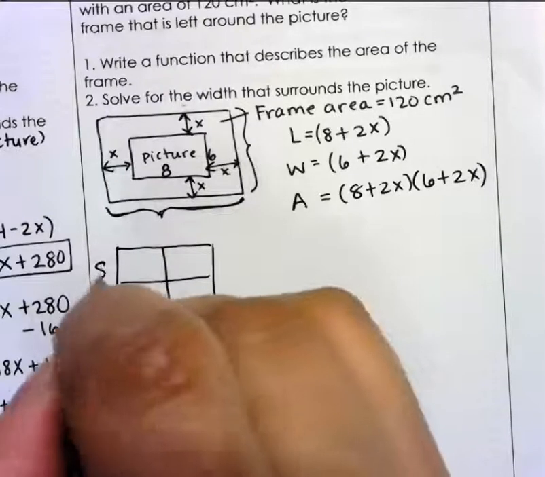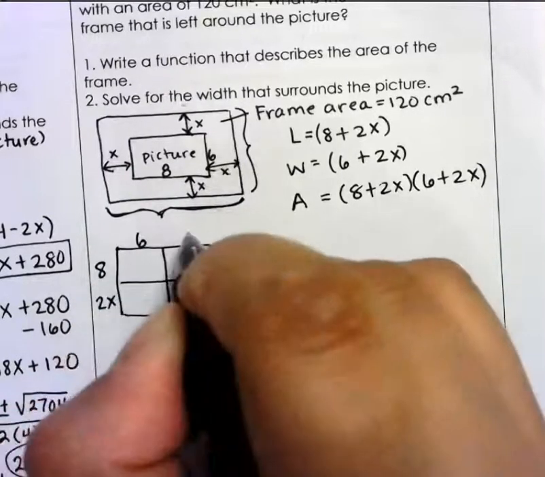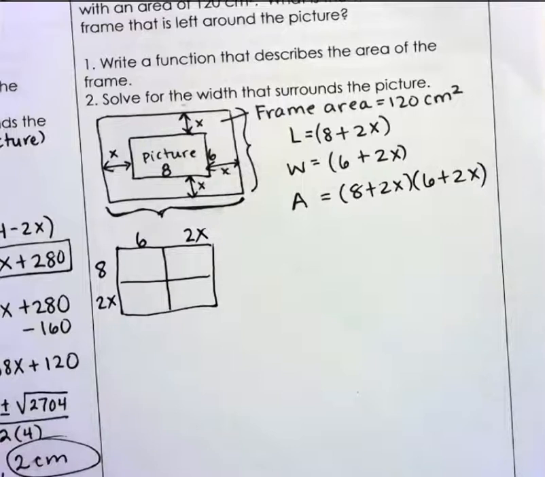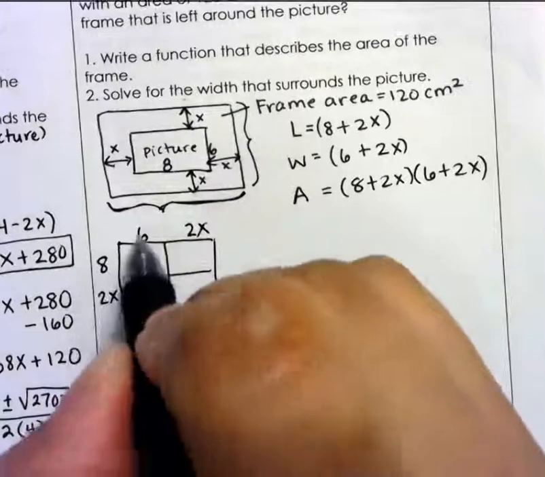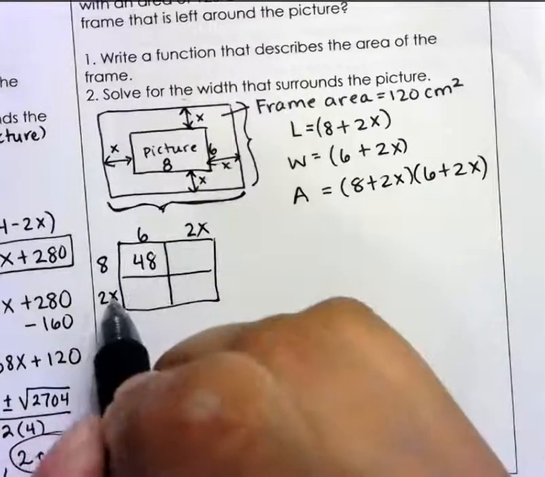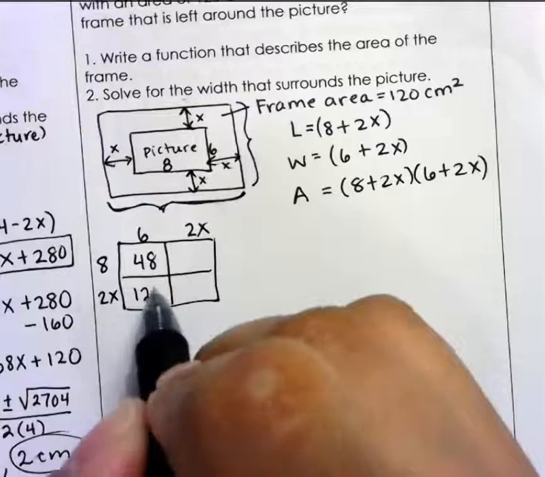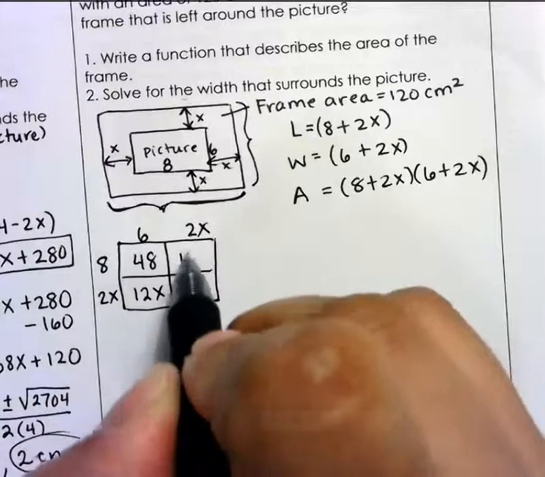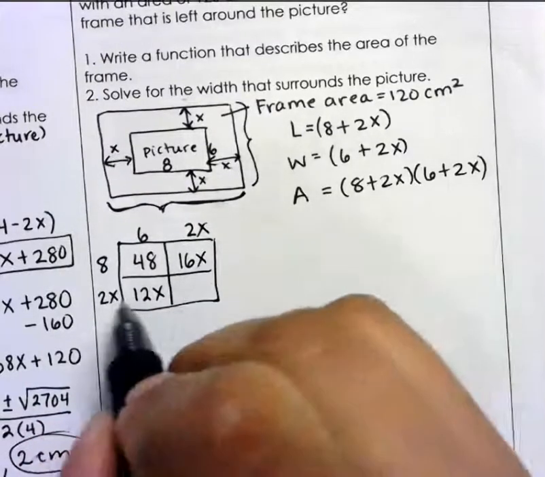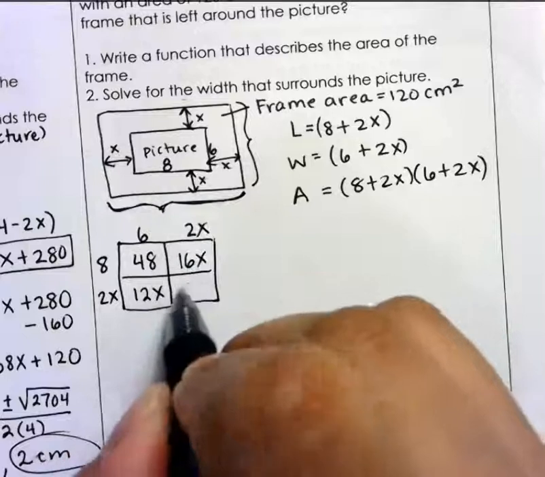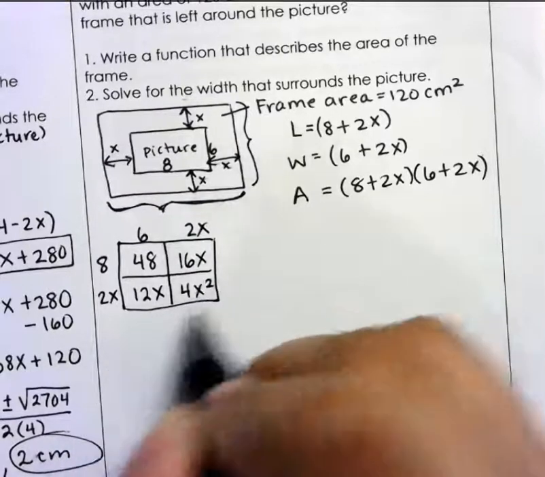So we have 8, 2x, 6, and 2x. And we multiply it out. 8 times 6 is 48. 2x times 6 is 12x. 8 times 2x is 16x. 2x times 2x is 4x squared.